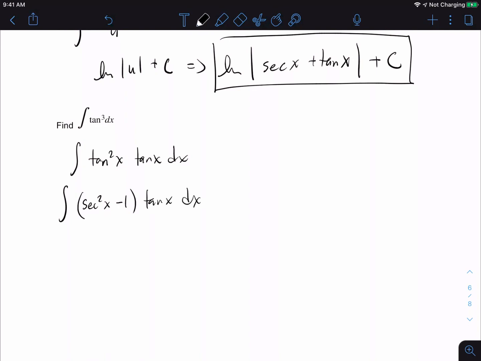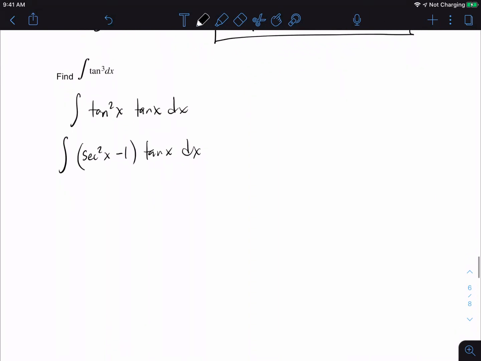And from here, I can break this up. This is where this problem's a little bit different than the cosine problem. This one's going to become two integrals. So I'm going to end up with the integral of secant squared x tangent x dx minus the integral of tangent of x dx.